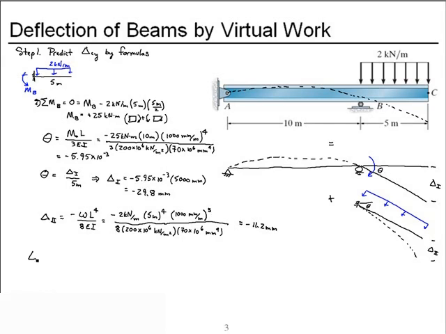So my prediction of the vertical deflection at C is the sum of these two, negative 29.8 millimeters minus 11.2 millimeters is a negative 41 millimeters, and our formulas are based upon up as a positive quantity, so it's predicted down.